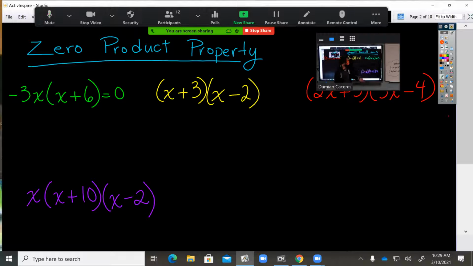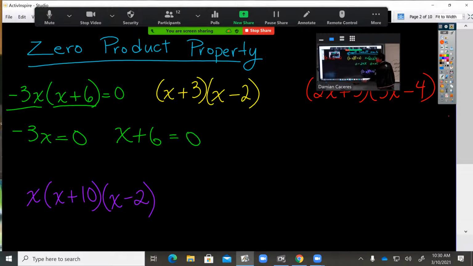On the green example, the two factors that we're looking at are negative 3x and x plus 6. Both of those have to be separated and made equal to 0. That's what the zero product property is. So you grab negative 3x, make it equal to 0, and you grab x plus 6, make it equal to 0. Now solve both.